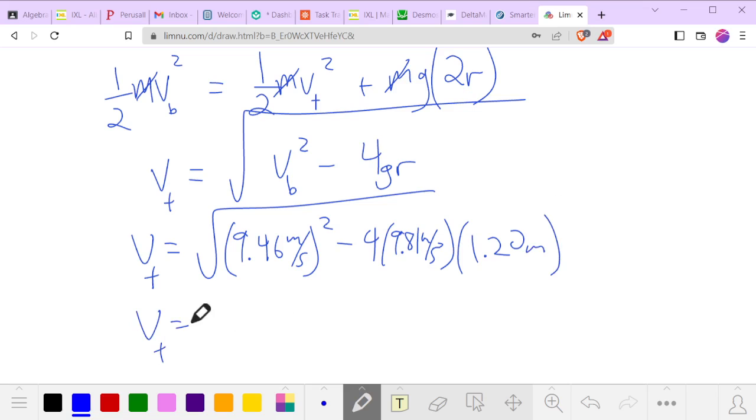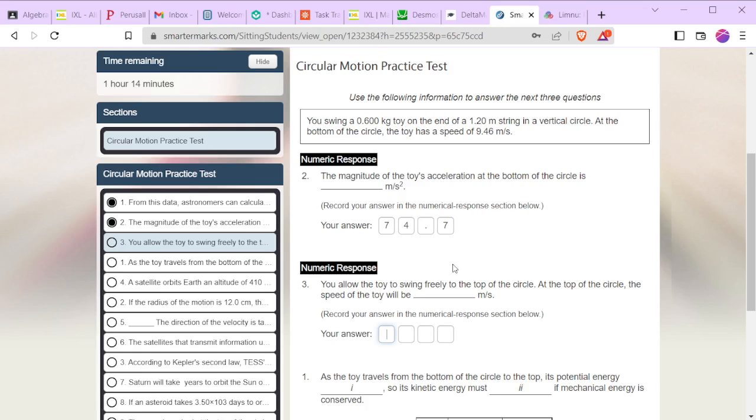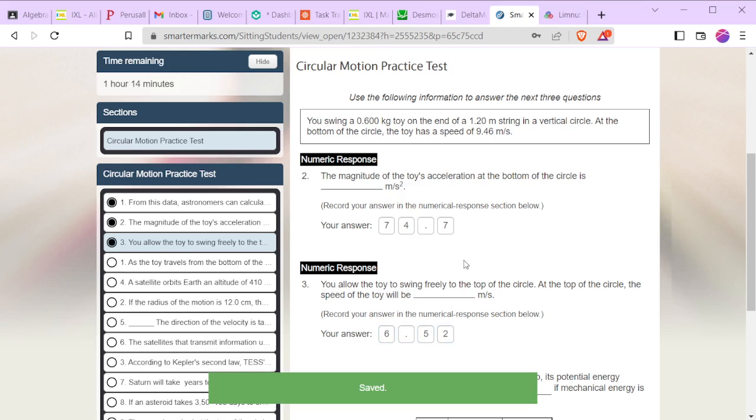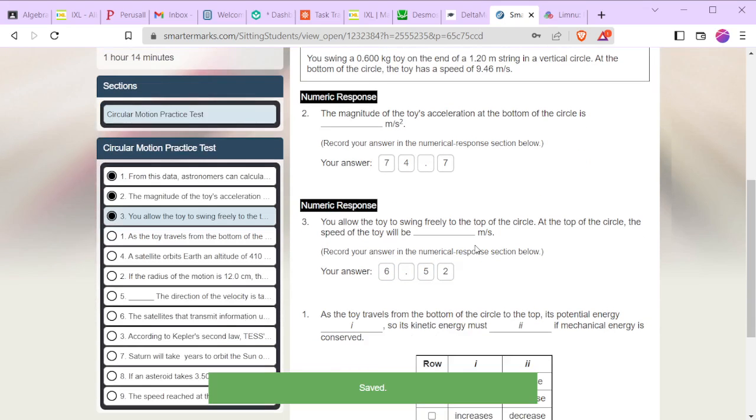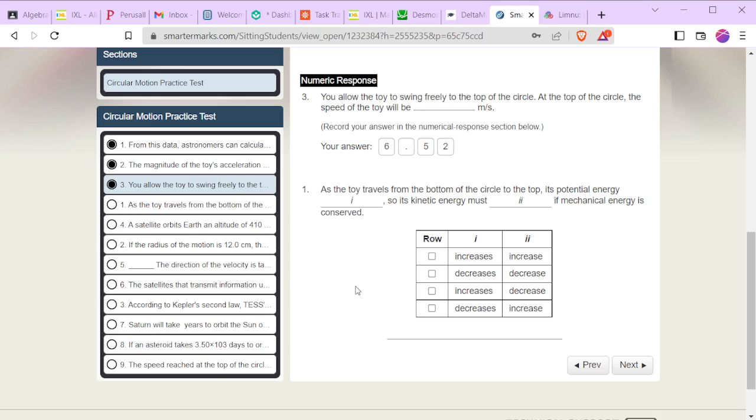So we have the square root of 9.46 squared minus 4 times 9.81 times 1.2. And again, this rounds a little bit differently in 1 decimal place. So I suspect whoever built the question built it from the answers and didn't check the round immediately button. This is why when I build them, I like to go back and force them to round immediately.